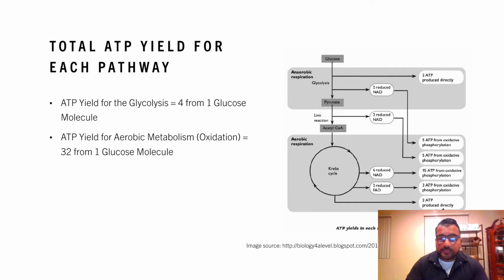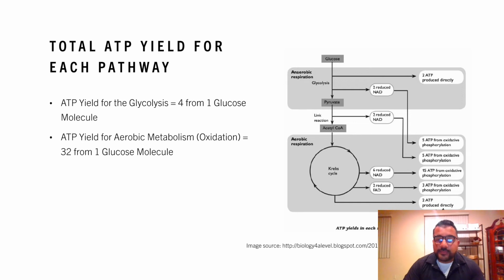For glycolysis through aerobic metabolism, however, through the Krebs cycle during aerobic respiration, 5 ATP come from oxidative phosphorylation from 2 reduced NAD made during glycolysis, and 5 ATP from oxidative phosphorylation came from acetyl CoA during the Krebs cycle, for which 15 ATP were formed from 6 reduced NAD along with 3 ATP from 2 reduced FAD.